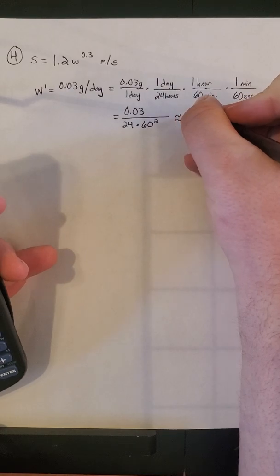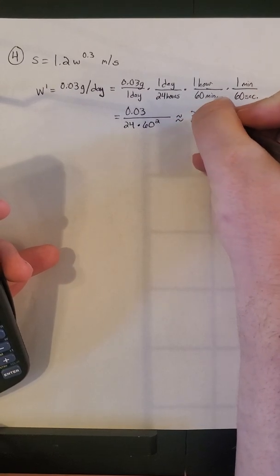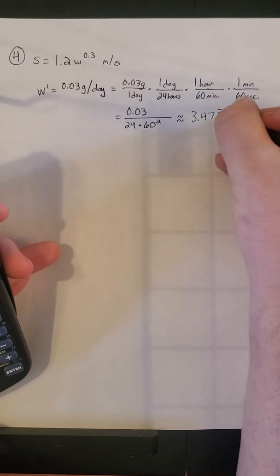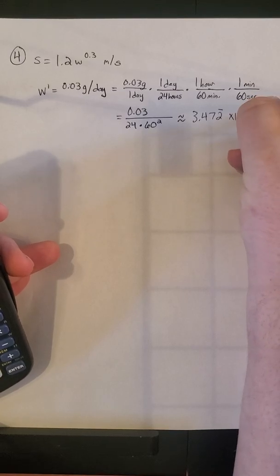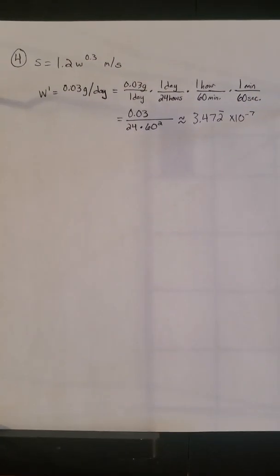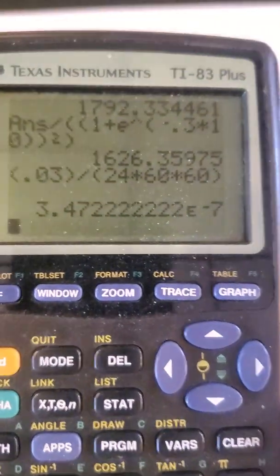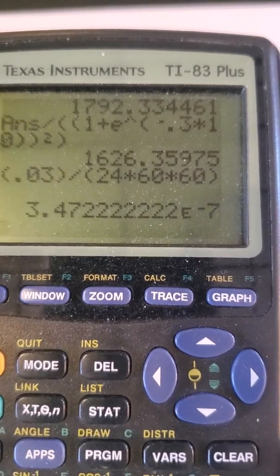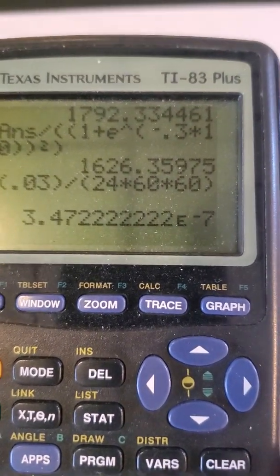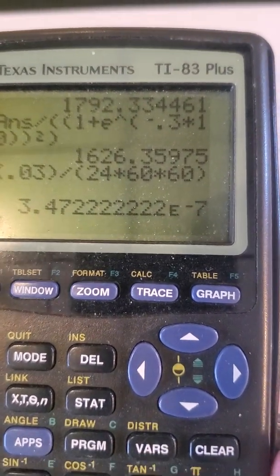And when we do that, we get 3.472 repeating times 10 to the negative 7th power. That's a really small number, and it is in scientific notation. Your calculator is going to give you 3.472 repeating, and that E negative 7 means times 10 to that power, negative 7.